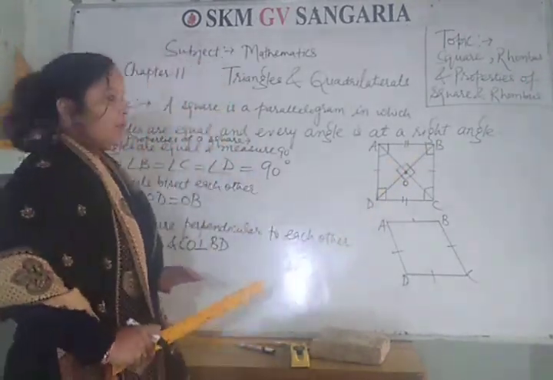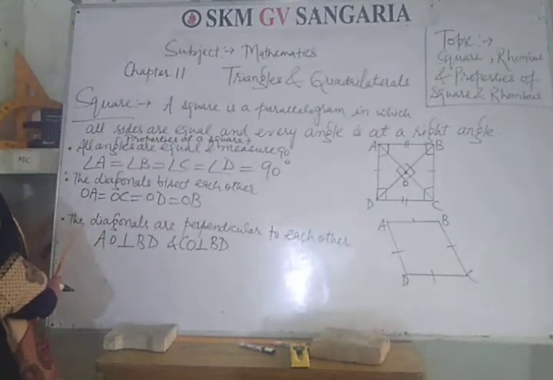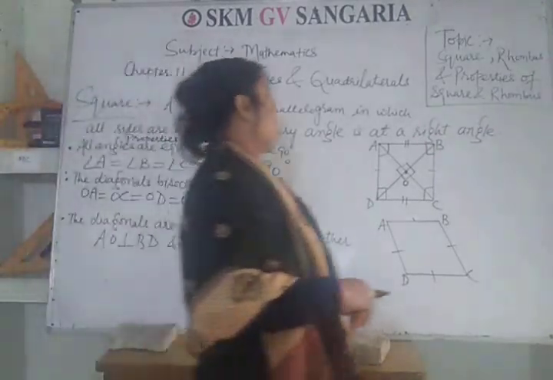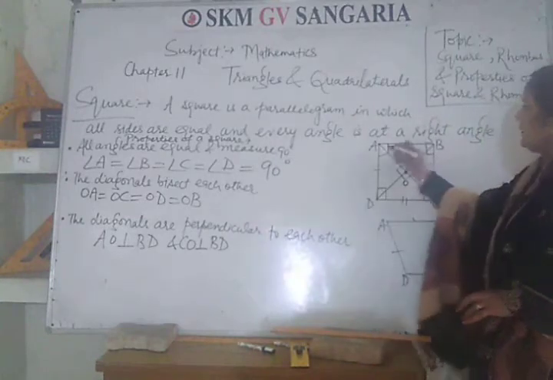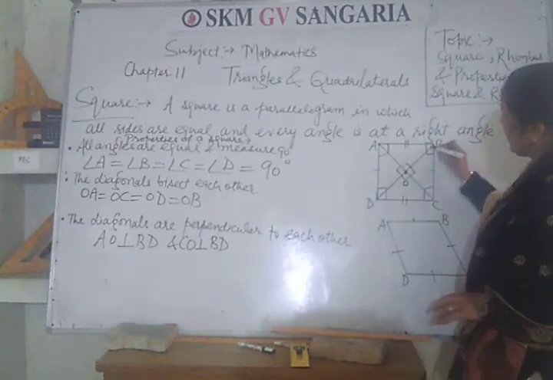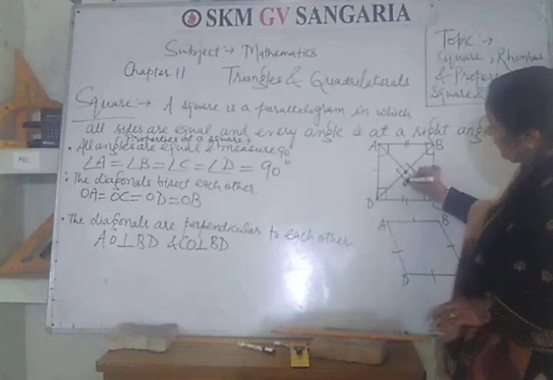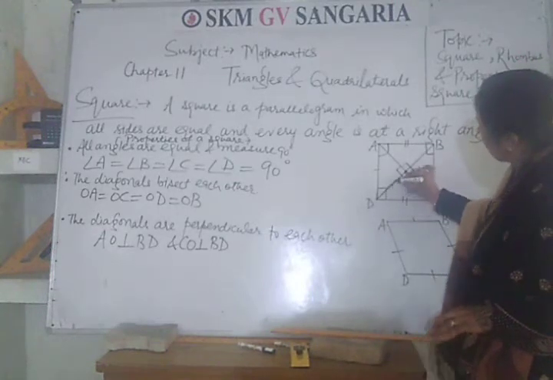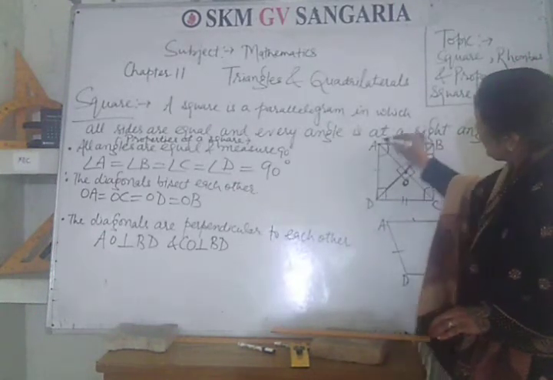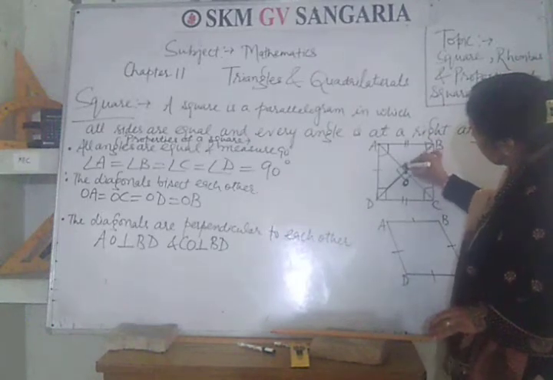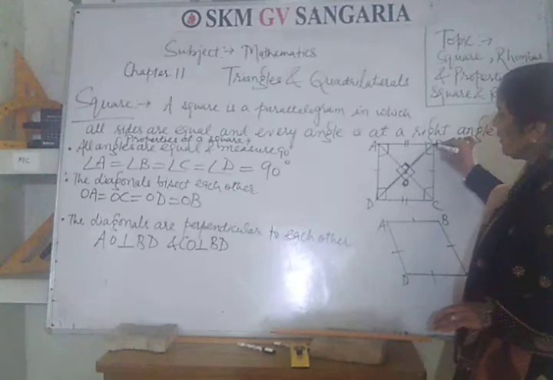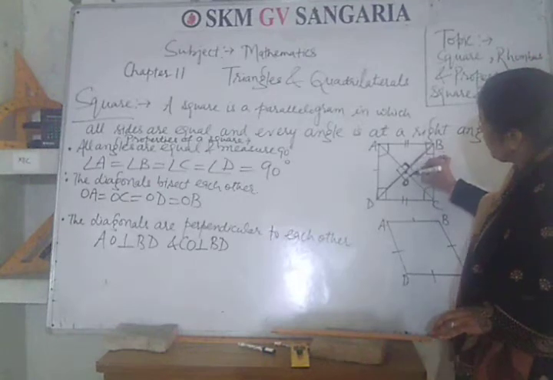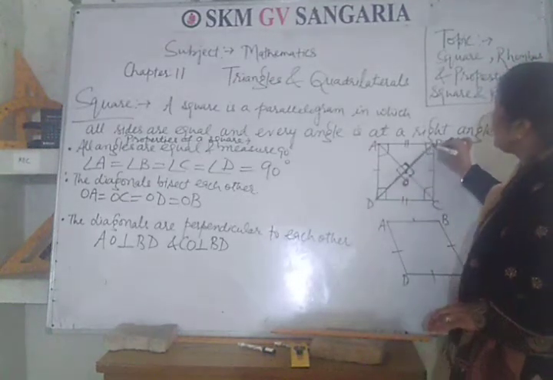Then property number 3 of square, the diagonals are perpendicular to each other. Diagonals AC and BD are intersecting at point O. Then AO will be perpendicular to BD, and OC will also be perpendicular to BD.